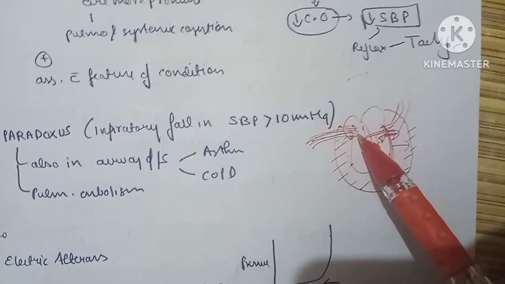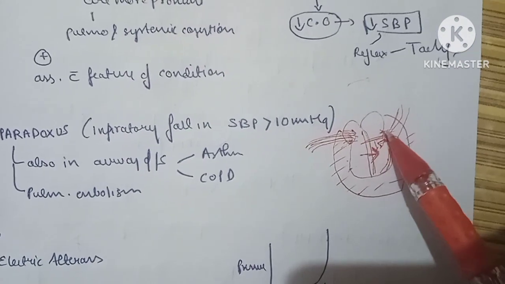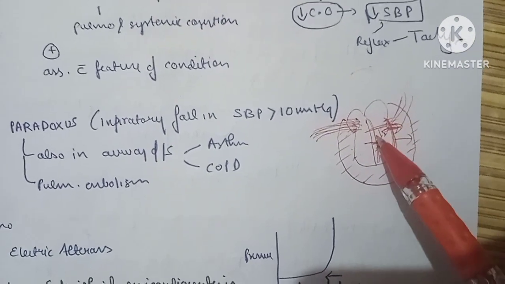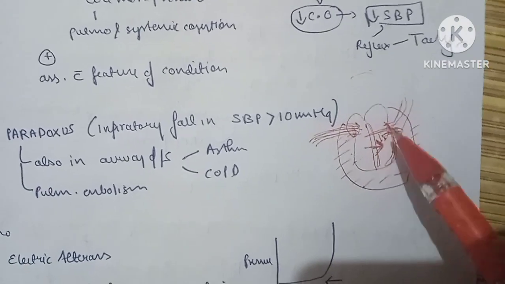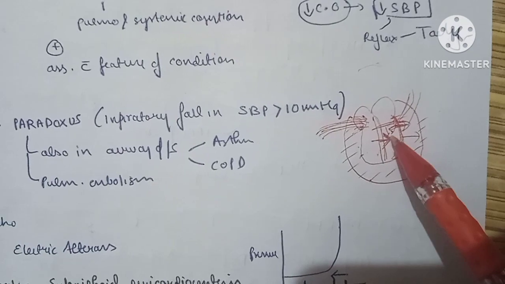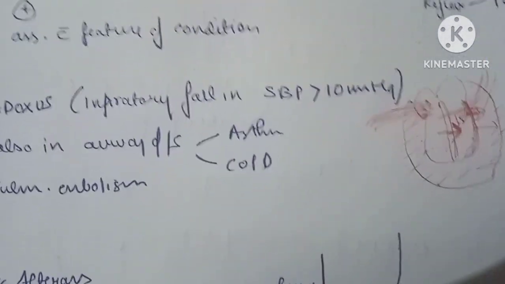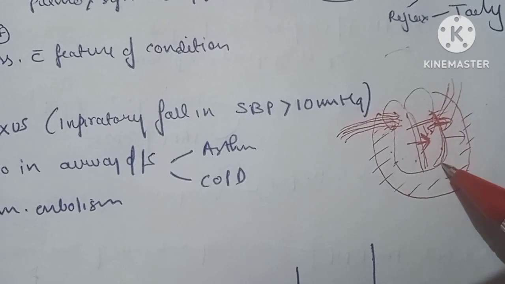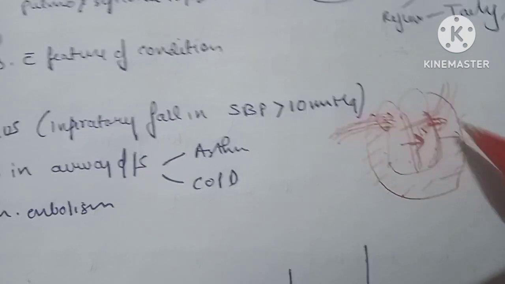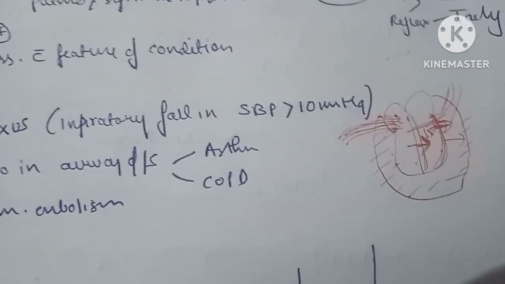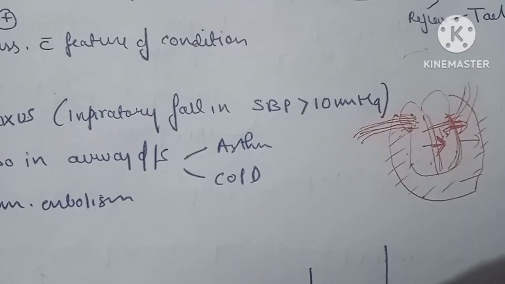This is a normal phenomenon in inspiration, and the left-sided filling decreases normally. Also during this phase, because of right-sided filling increasing, the septal wall deflects to the left side. But this does not decrease the stroke volume because the free left ventricle wall can distend. The stroke volume does not change much and stays within physiological limits.